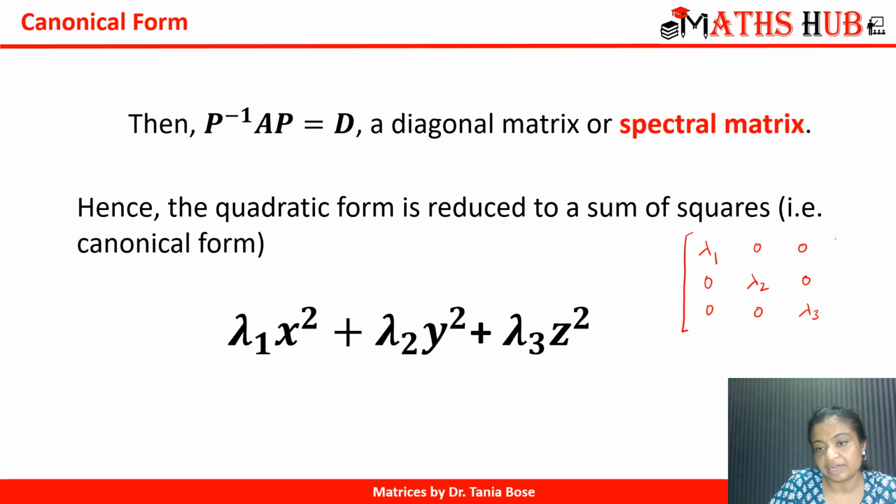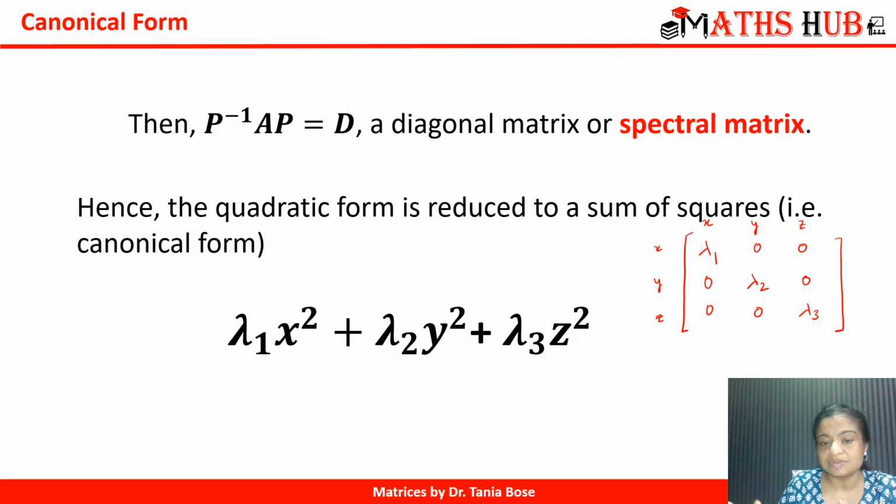If I convert it into a polynomial expression, with these positions as x, y, z, lambda 1 will be the coefficient of x squared, lambda 2 the coefficient of y squared, and lambda 3 the coefficient of z squared. So you get lambda 1 x squared plus lambda 2 y squared plus lambda 3 z squared. Isn't this a sum of squares? So this is exactly a canonical form.